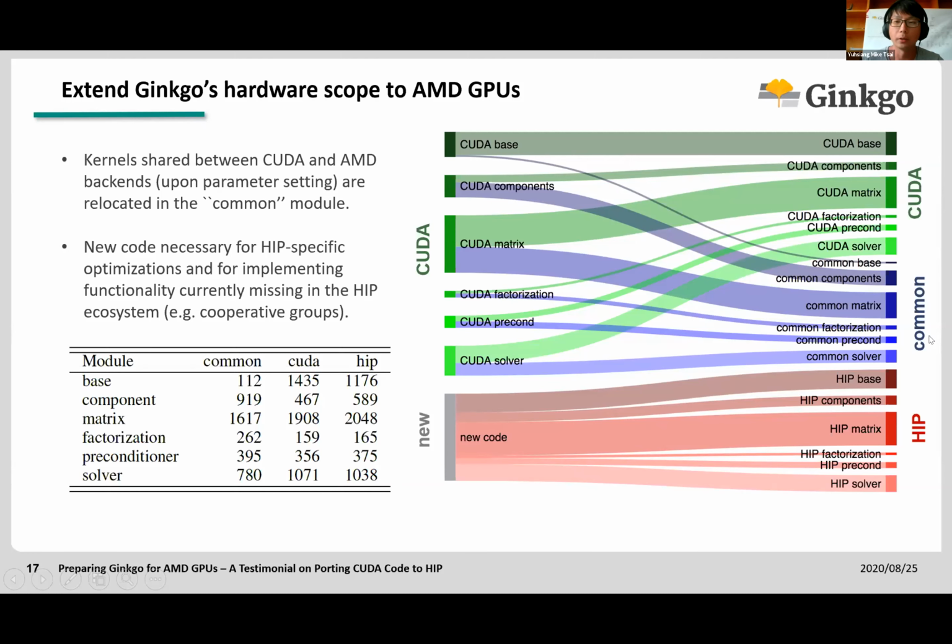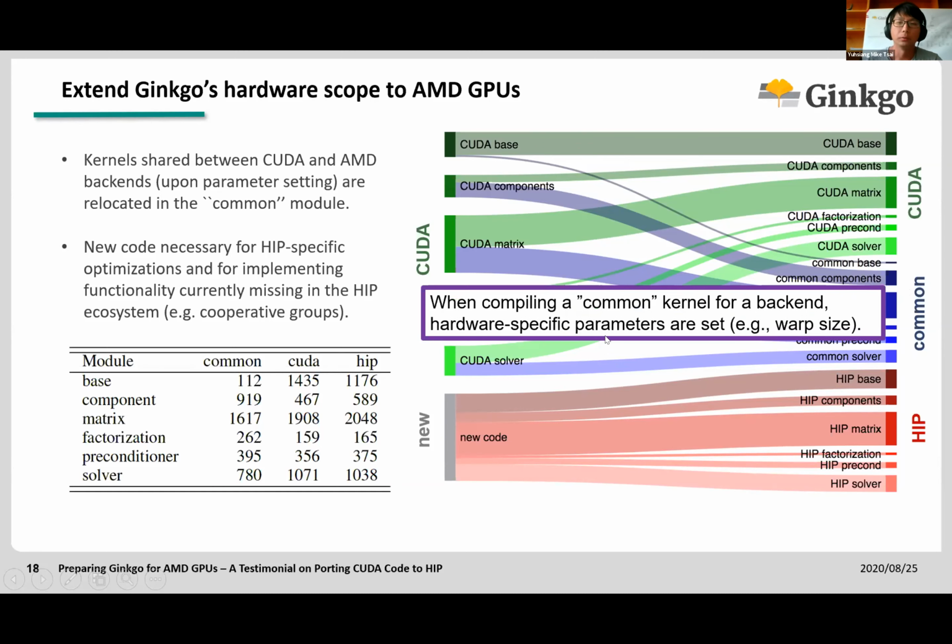So we can see the CUDA and HIP parts have almost the same amount of code, and the common will be here. So CUDA plus common will be the CUDA structure after comparing, and HIP plus common will be the HIP part. Yeah, so the common will be the kernel, and some hardware specific parameters will be set in the CUDA or HIP structure.